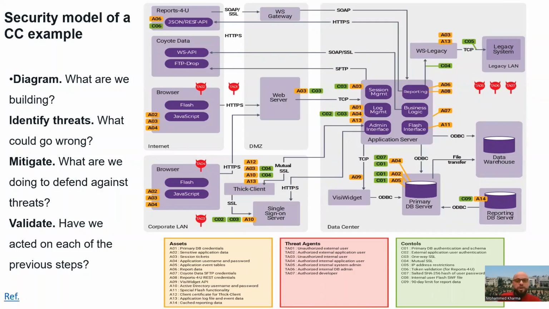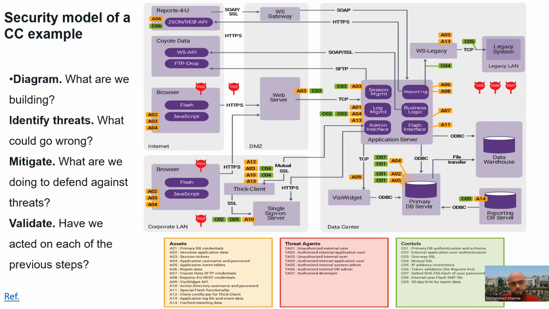In order to better understand threat modeling in cloud computing, and this applies to different domains as well, not only the cloud, we need to understand different aspects. The first can be addressed by the first question, which is: what are we building?